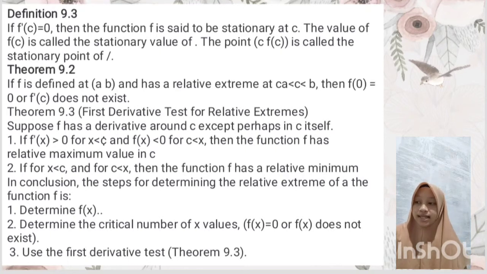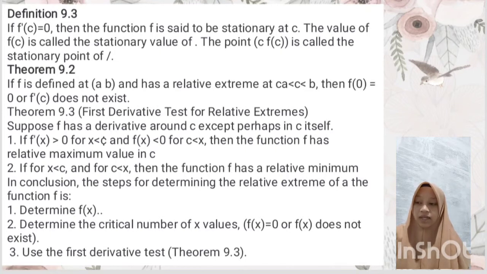If f'(x) is more than 0 for x is smaller than c and f'(x) is smaller than 0 for c is smaller than x, then the function f has relative maximum value in c.